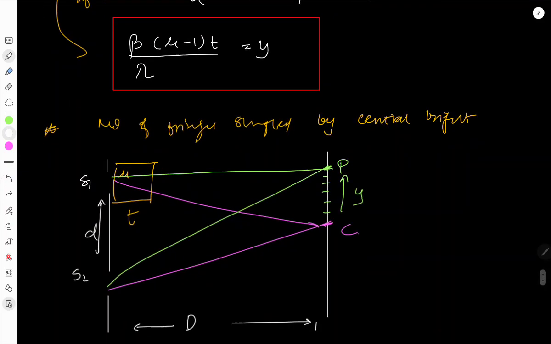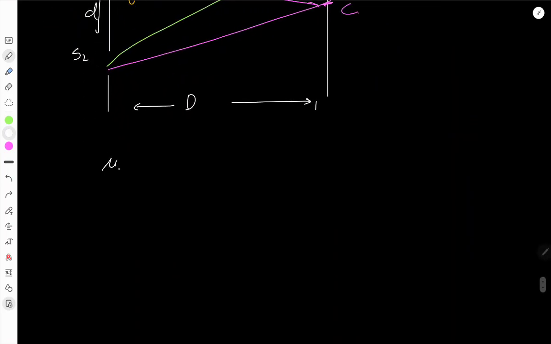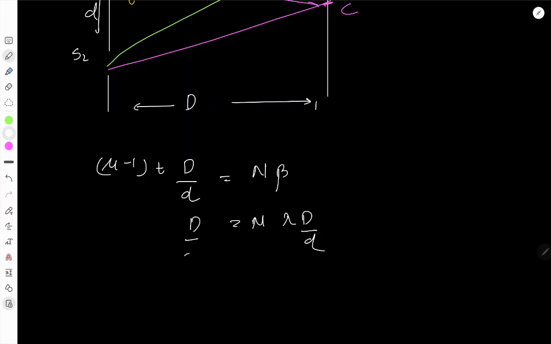So it is mu minus 1 t capital D by small d equal to n times the fringe width beta, and the fringe width beta is equal to lambda D by d, capital D upon small d.